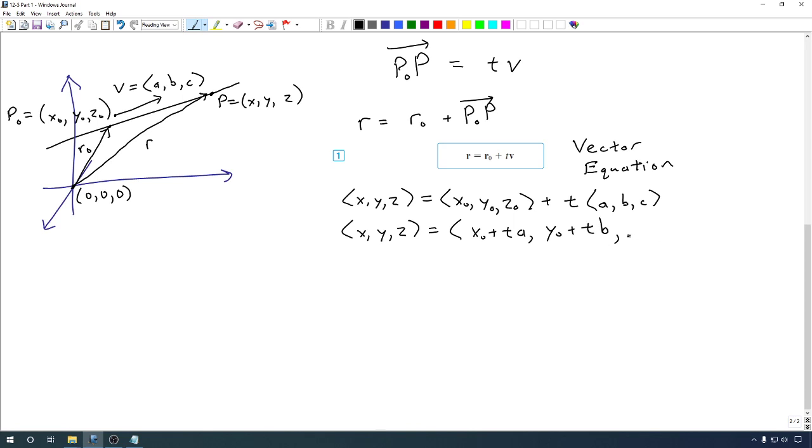Well, I should probably put the a and b in front because those are going to be numbers that we're going to have in our problems, and that's what we're more used to, 2t instead of t2. This seems a little bit weird to us. So we'll do at and bt. And then finally, we have z naught plus ct.